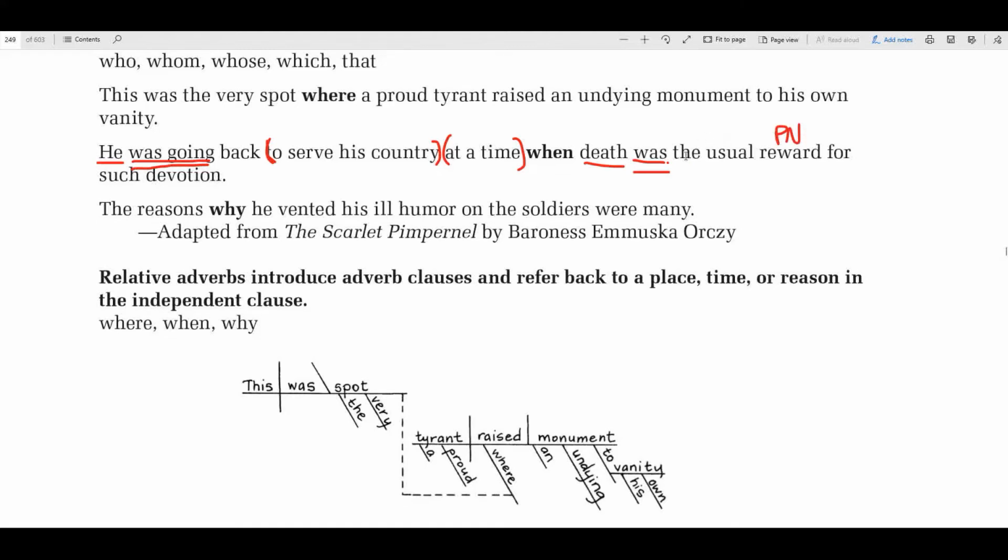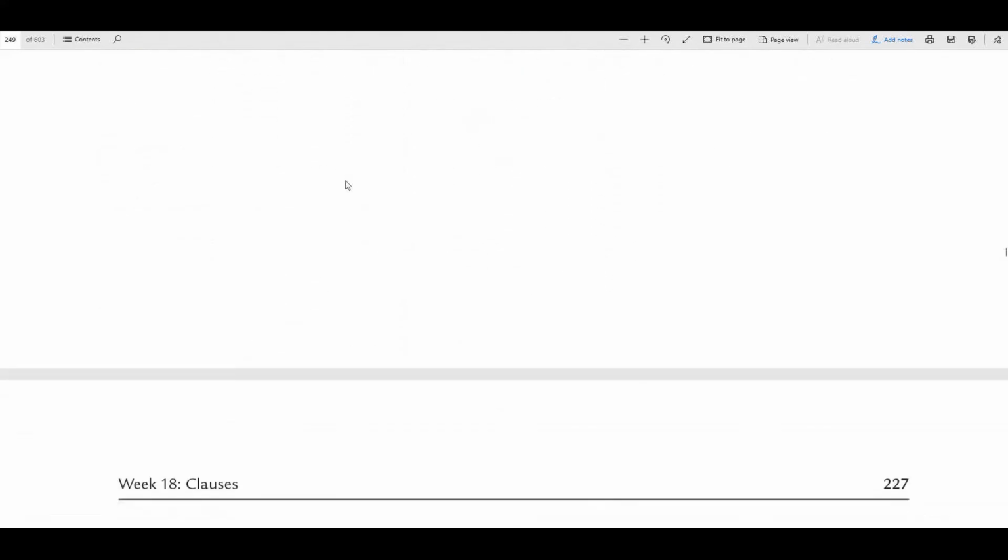And then these are adjectives that go with our predicate nominative. And then for such devotion is a prepositional phrase. This is the only thing I'm having a little trouble with here. I did diagram it, but I can't remember if the whole thing is a prepositional phrase or an infinitive. I think it's an infinitive because we hold it up. You'll see what I mean in just a second.